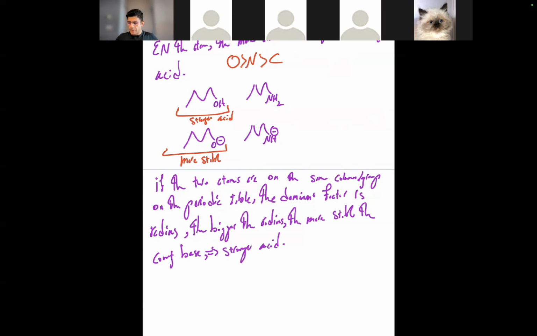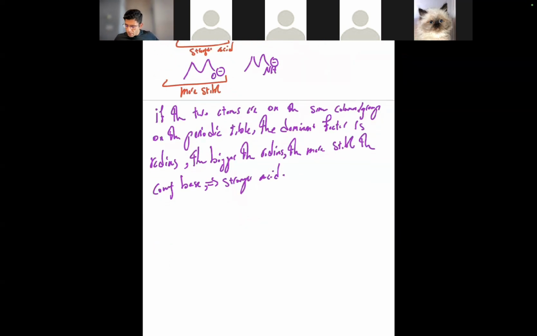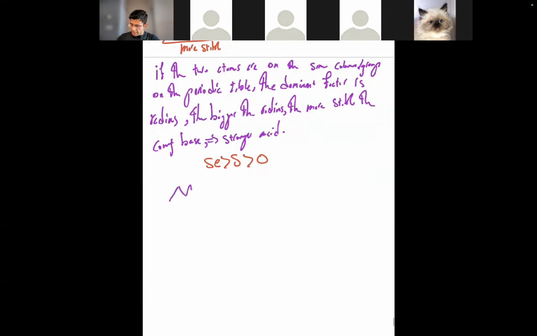So for example, the ones that come up the most are group 16 ones. So Se is beneath S, and S is beneath O. When you're comparing OH to SH, you say, well, this is O negative versus S negative. O is still more electronegative than S, but we don't care about that because they're on the same column.